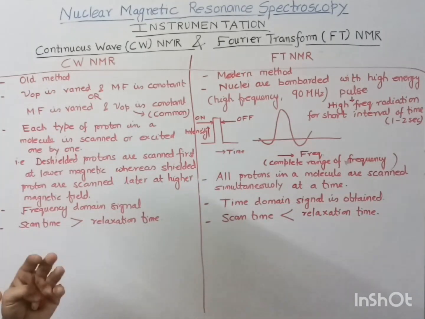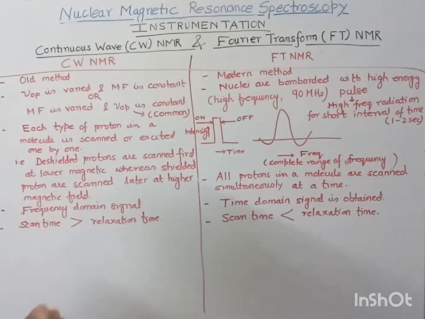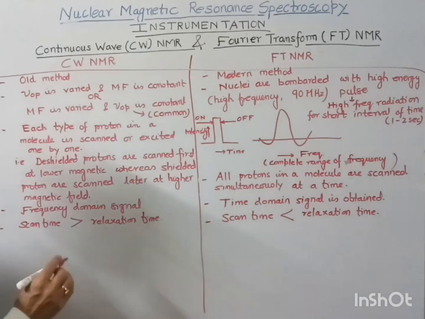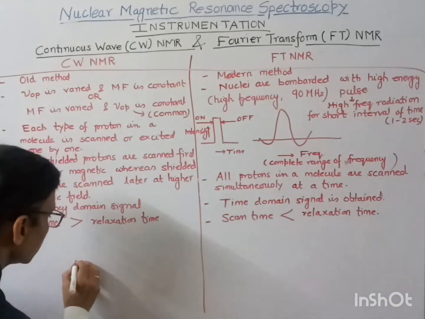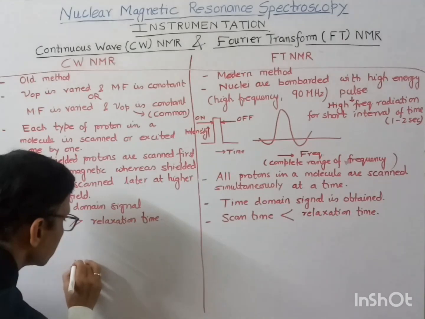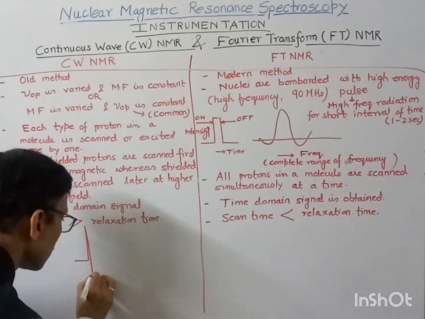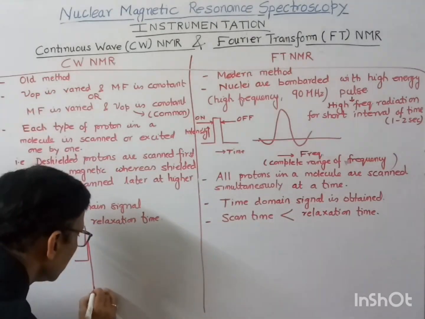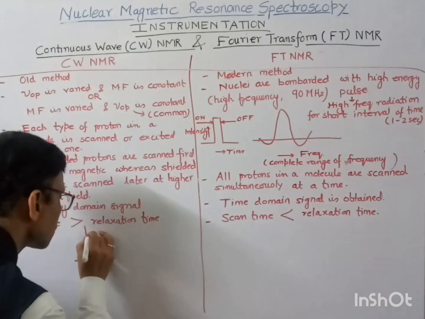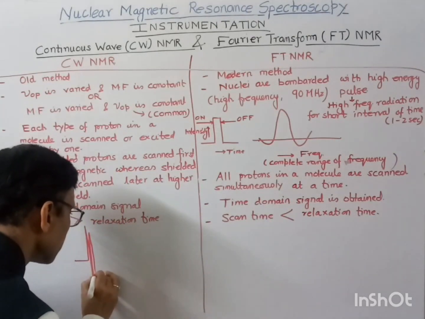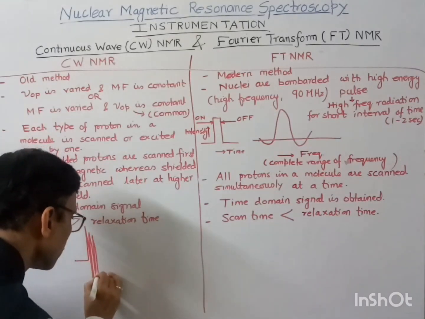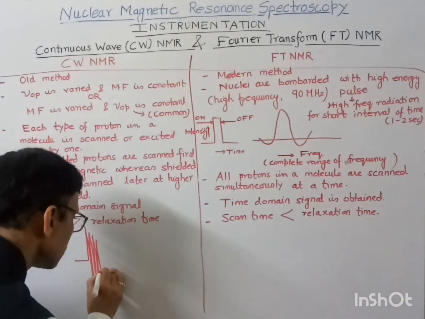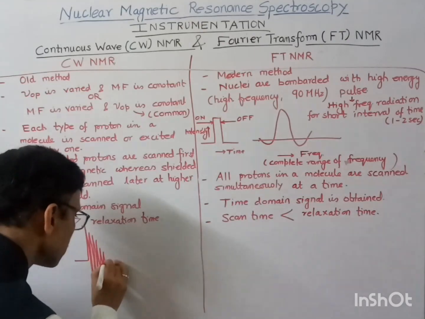If you see the spectrum, the signal appears with noise. This is the signal, and with the signal we also observe some noise like this. This is called the noise.